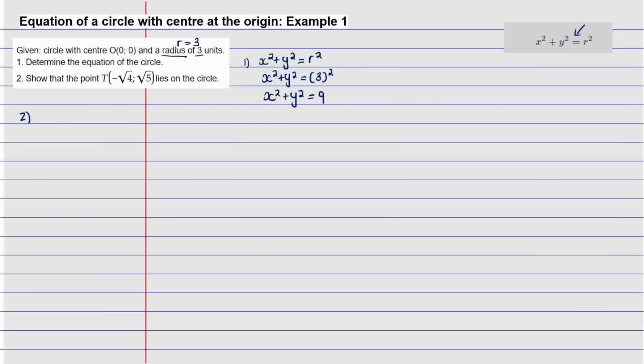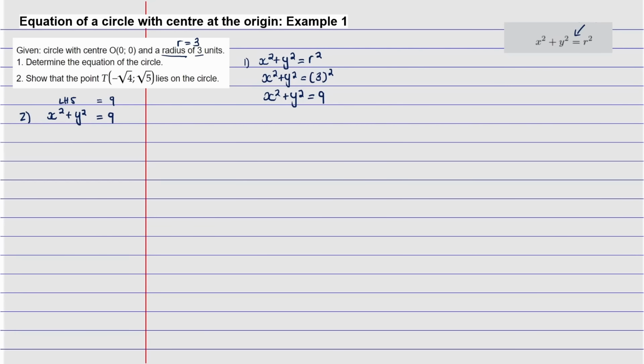When we want to check whether a point lies on the circle, from the equation of the circle, which we know is x squared plus y squared is equal to 9, when we substitute this point on the left-hand side, it needs to be exactly equal to 9. If when we substitute it is not equal to 9, then the point T does not lie on the circle. So let's do that.